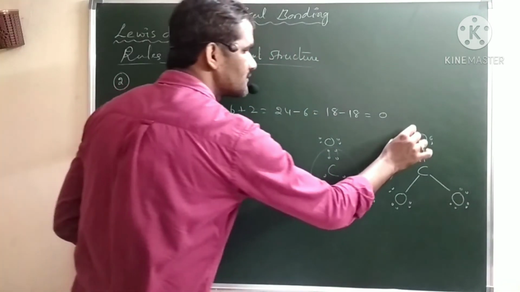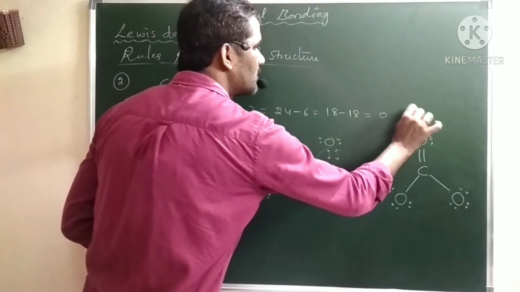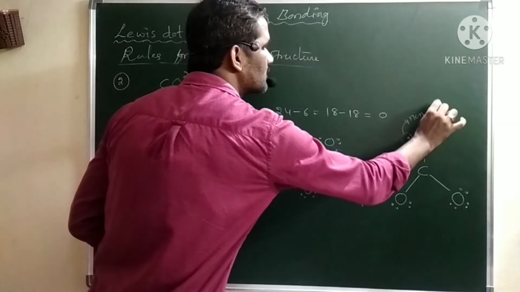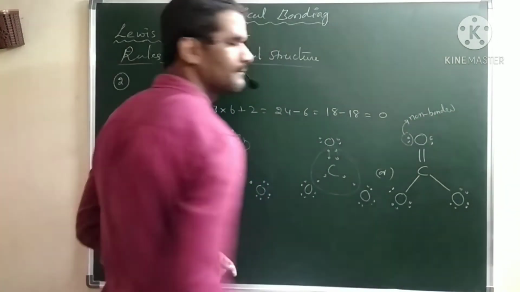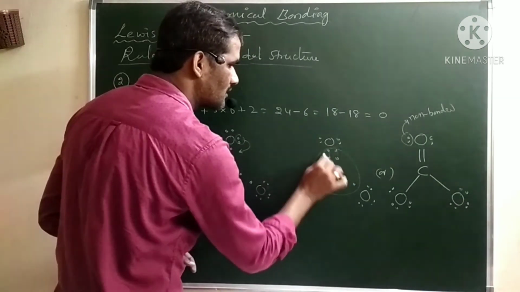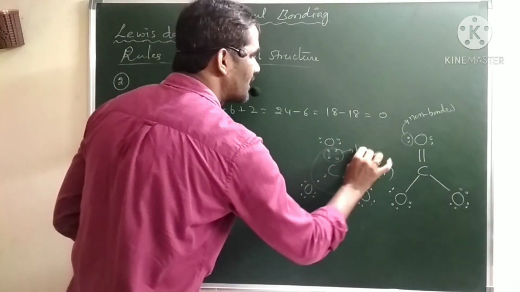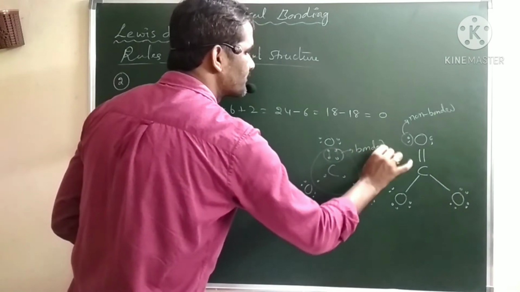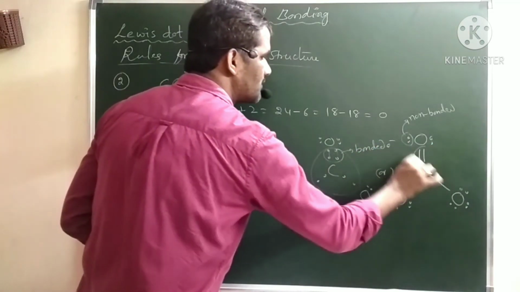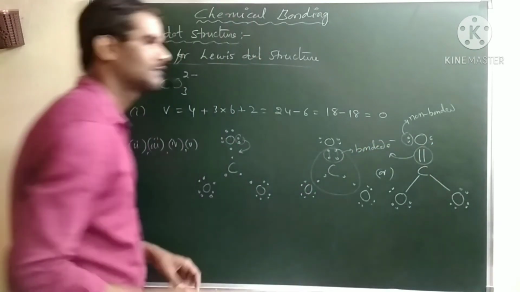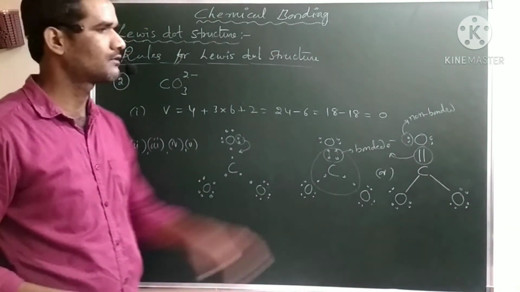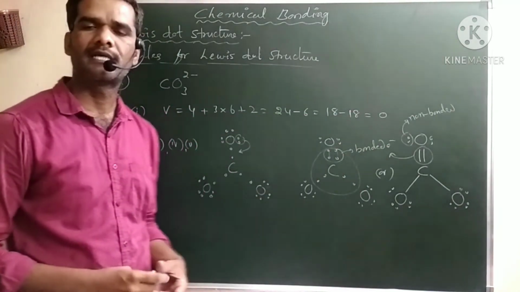Now these electrons we can call non-bonded electrons, and the electrons here which are bonded we can call bonded electrons, and these are the bonds. So we have non-bonded electrons and bonded electrons also.